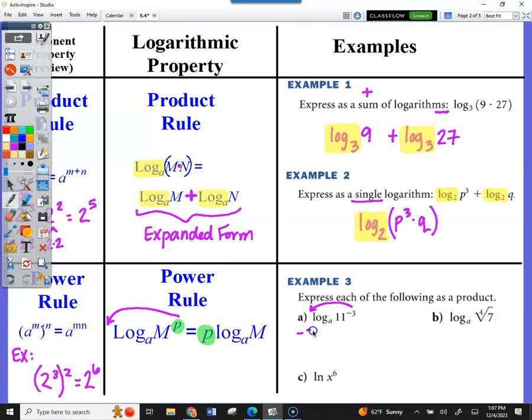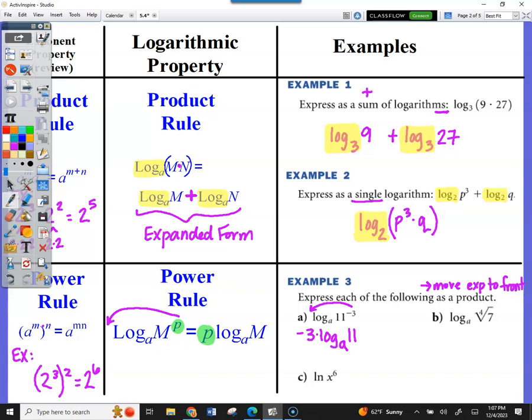This will become -3 times log base A of 11. For this particular set of examples, when it says express each of the following as a product, it means move the exponent to the front.